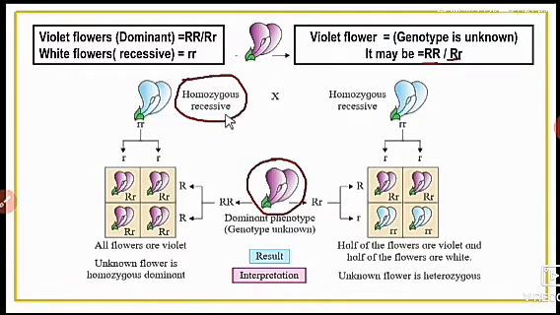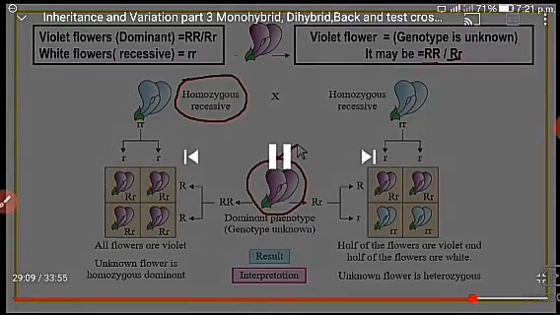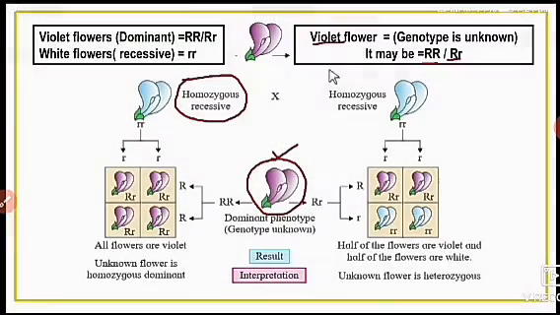If we cross, the genotype is unknown, capital RR or capital R small r. We don't know, but the flowers are violet. With the help of this example or cross, we will know the genotype.